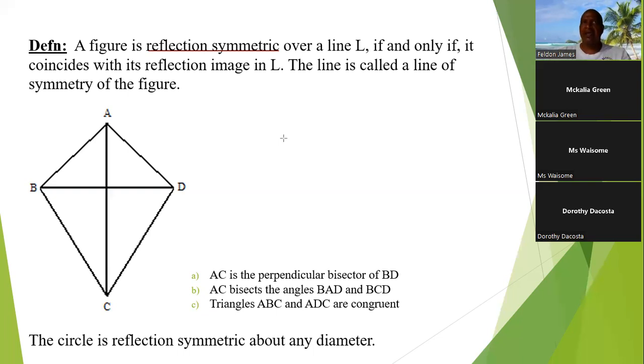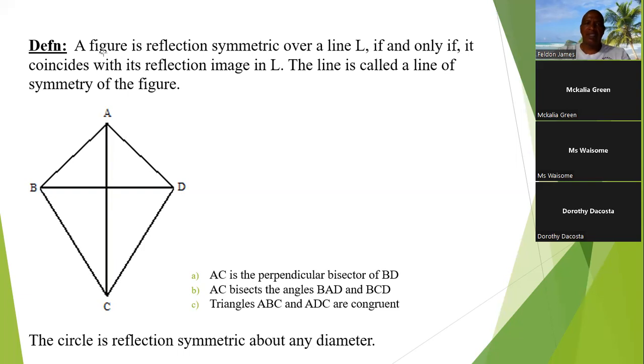And we said that when you fold the graph through the line of symmetry, the left side must map onto the right side. So when we say reflection symmetric, this shape would be reflection symmetric about the line from A to C, because once you fold it along that line, the left side will be mapped onto the right side. So this is the idea that we are referring to.